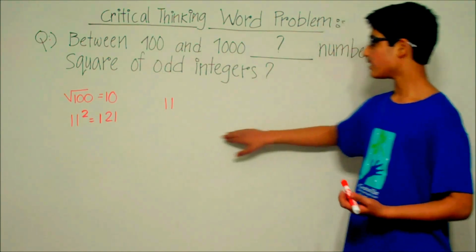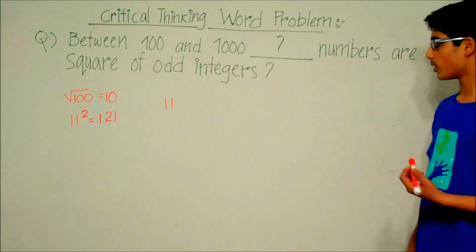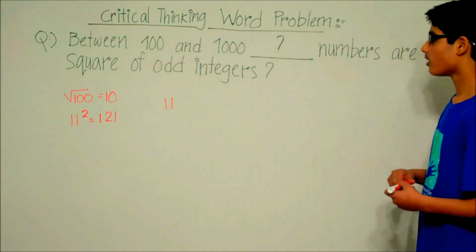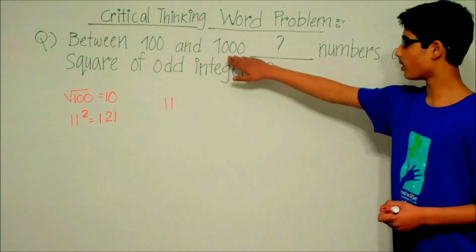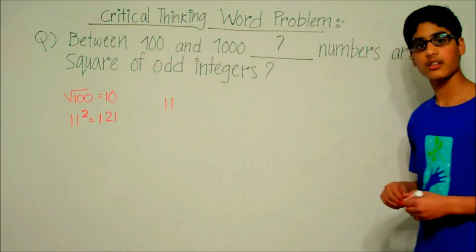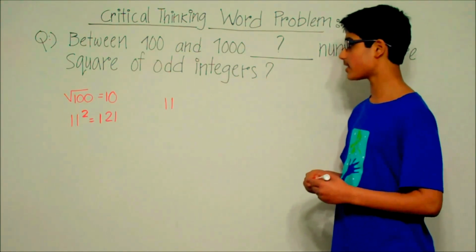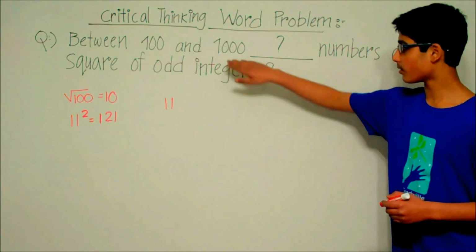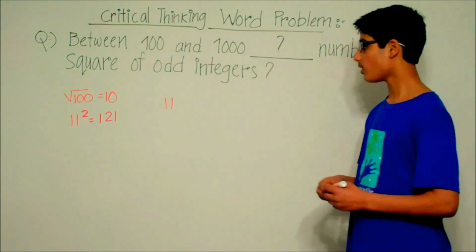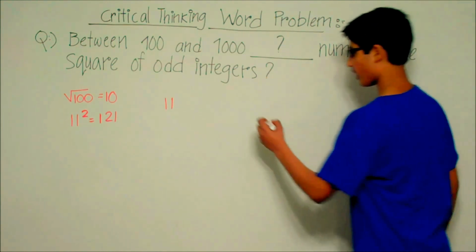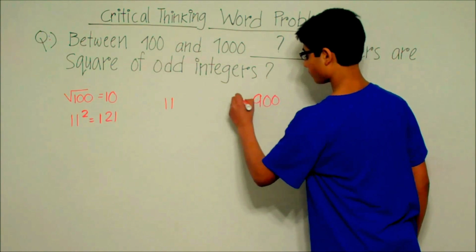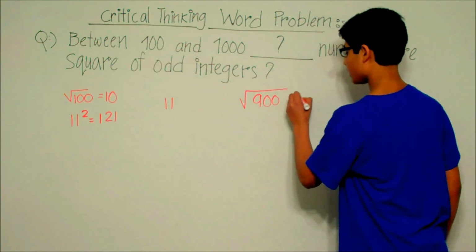Now let's find the highest odd integer with a square between 100 and 1000. We can't find the square root of 1000 as an integer because it's a decimal, and decimals are not integers. So let's find the nearest odd integer that has a square closest to 1000. Let's start with 900 as the square. The square root of 900 is 30.